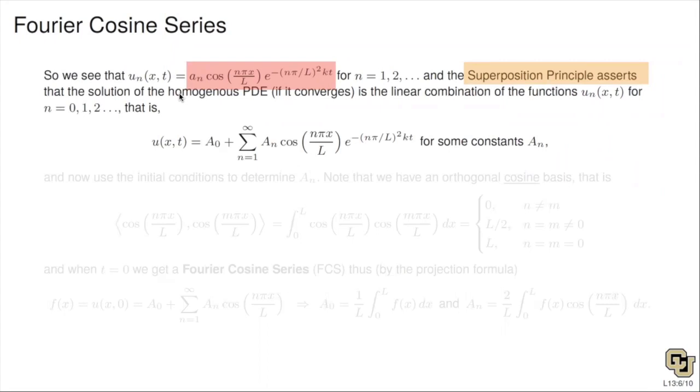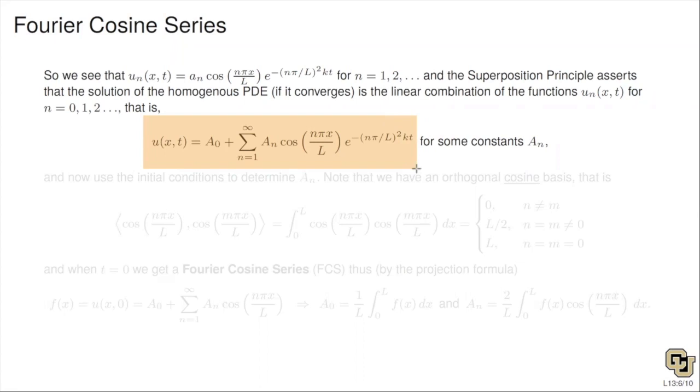Out of human tradition, we've separated a sub 0 just because it's a constant by itself, and all the other terms are functions of either x or t, or both. So this is what our superposition solution looks like. And this has been mathematically reverse engineered to satisfy the PDE and the boundary conditions.